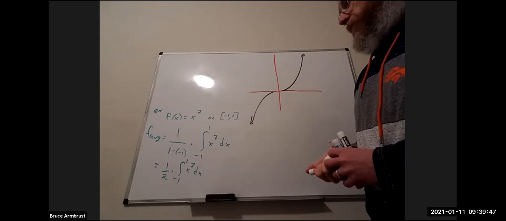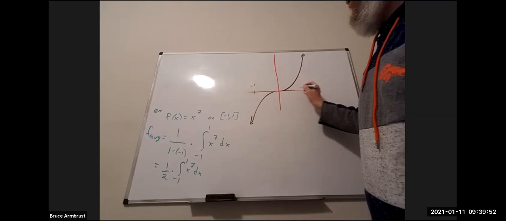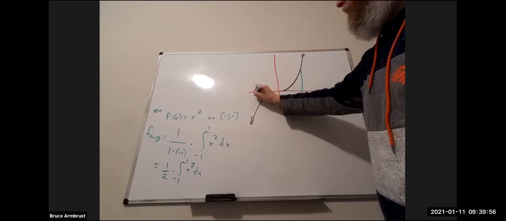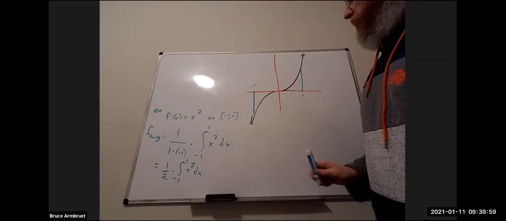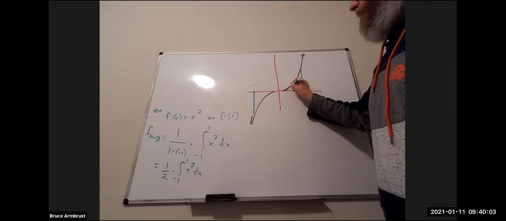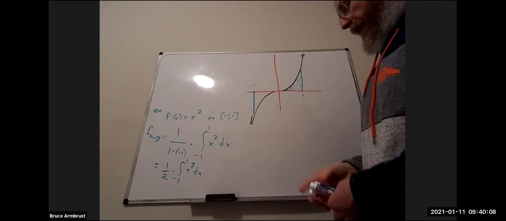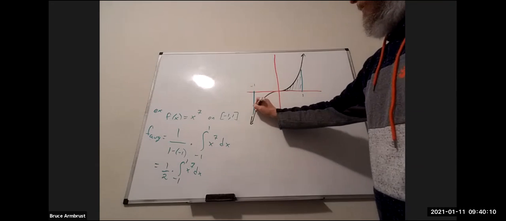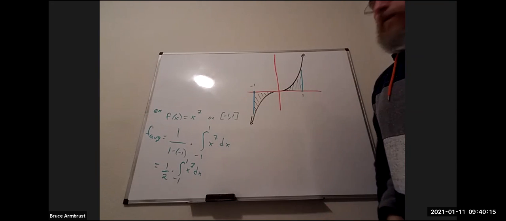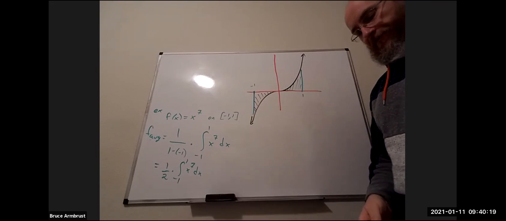All right, and we're going from -1 to 1. All right, so remember what the integral does. When the function is positive, it gives us the area. And when it's negative, it actually gives us the negative area. So that bit in purple is going to be negative, and the bit in the teal is going to be positive.